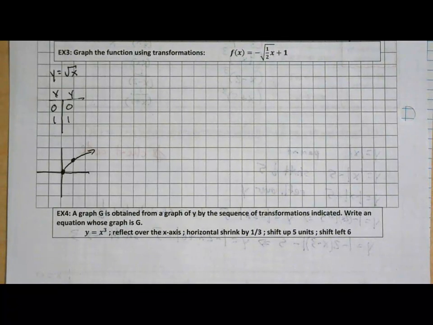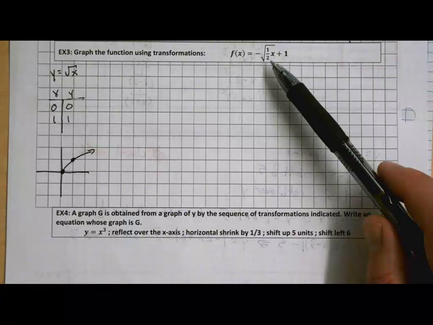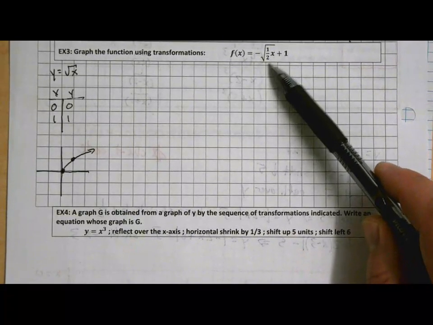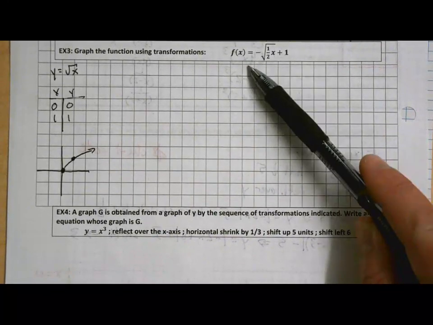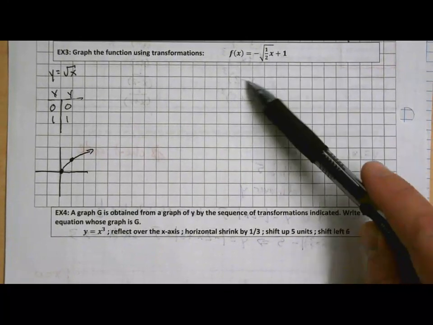If there's more than one in a particular location, then you have to worry about what order you do it in. This 1/2 on the inside, we can deal with at any point in the process, and it's not going to change the results at all. But I need to be strategic in thinking about how I want to deal with this +1 and this negative to make sure we end up with this thing.